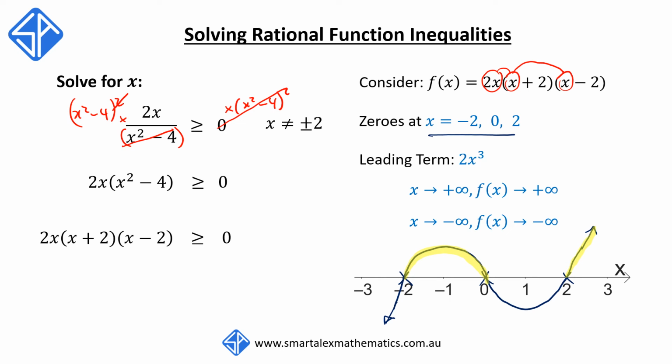But since we've got the restriction where x cannot equal plus 2 or minus 2, this means that we're going to have to exclude these values of x. So our solution becomes x is greater than 2, or x is greater than negative 2 but less than or equal to 0.